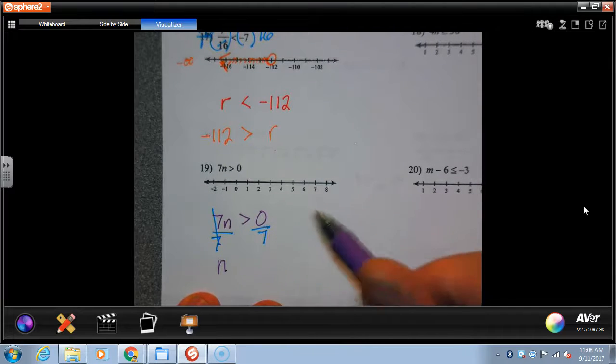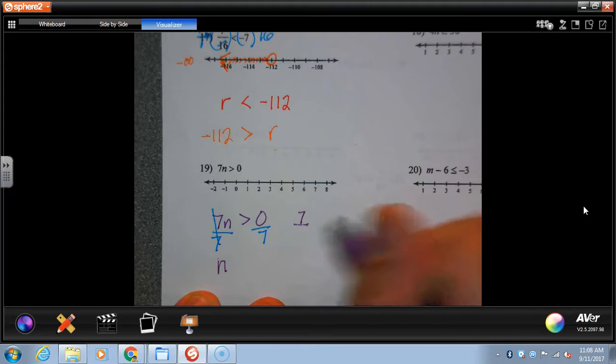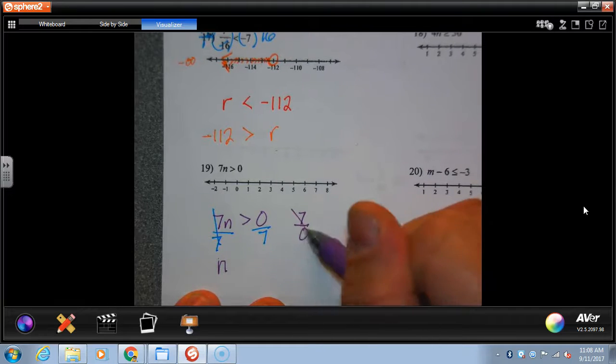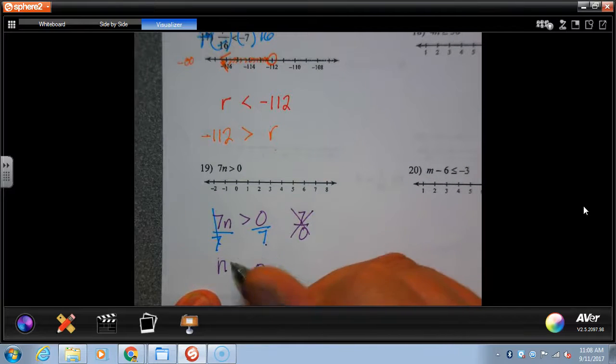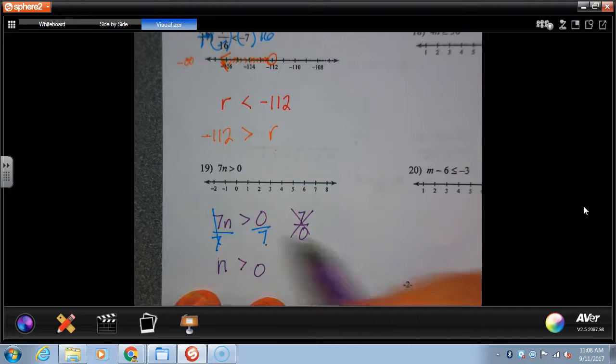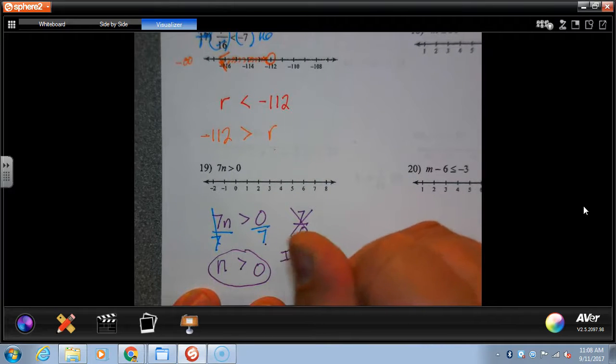I can divide 0 by a number. This I can't do: I can't divide a number by 0. That's undefined. So this I can. Okay, it's 0. I divide it by a positive number, so my sign stays the same. By the way, this is called my inequality statement.